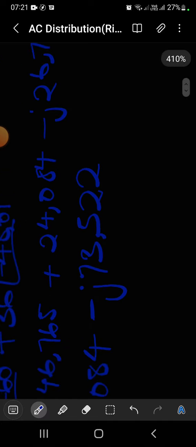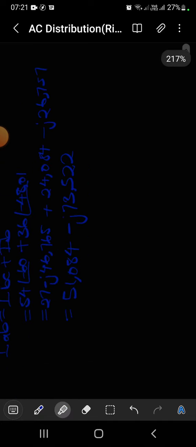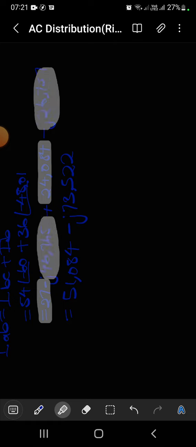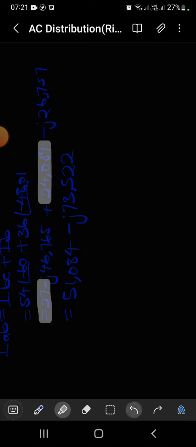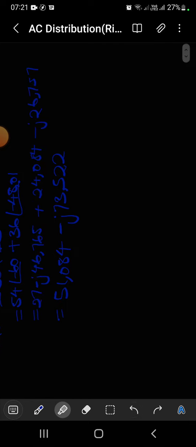You just punch that in your calculator. You have real plus real, and then imaginary plus imaginary, and they're both negative. So we get that, right?